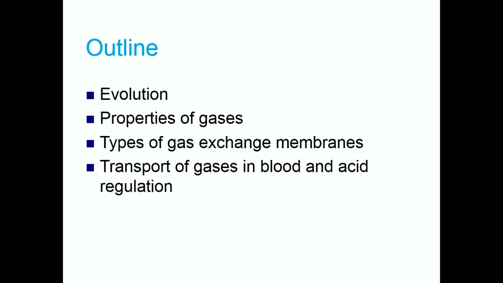And finally, we will talk about the transport of gases, both oxygen and carbon dioxide in the blood, and how this all pertains to the regulation of acidity of the blood. All right, so let's get started with evolution.